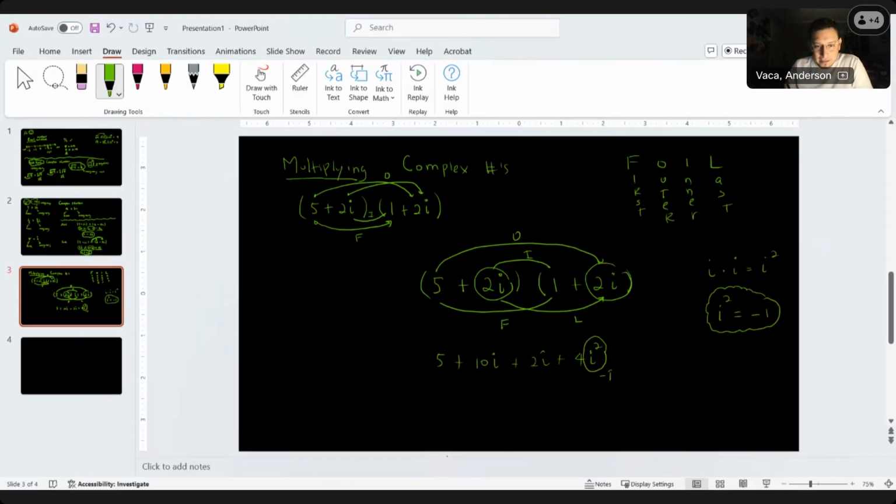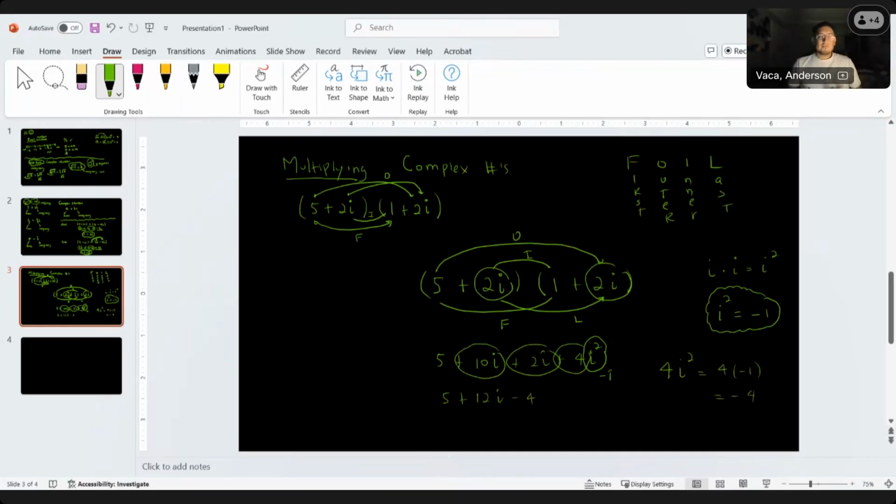So let's see what that looks like. We have 5 plus 10 and another 2 makes 12 i's. This 4i squared becomes 4 times -1, which is just -4.